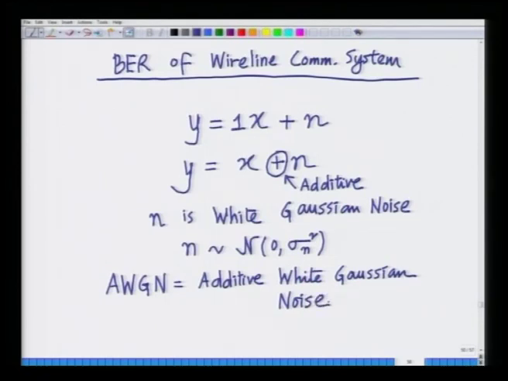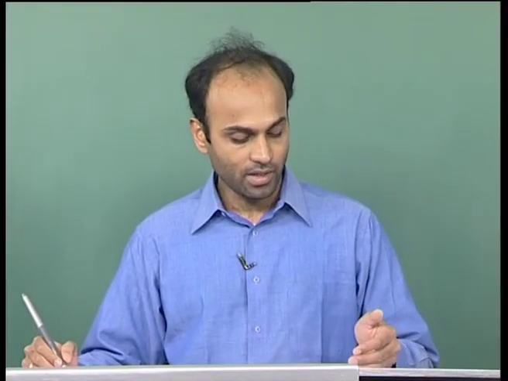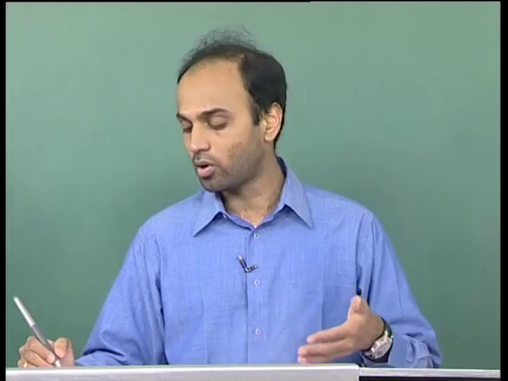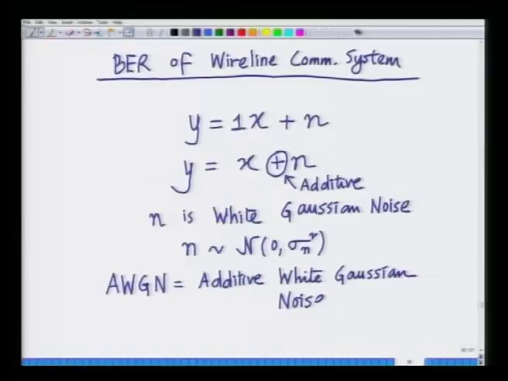So, the traditional digital communication channel is essentially an additive white Gaussian noise channel. AWGN channel is another name for the conventional wireline communication system. We will start with analyzing the bit error rate performance of this channel.